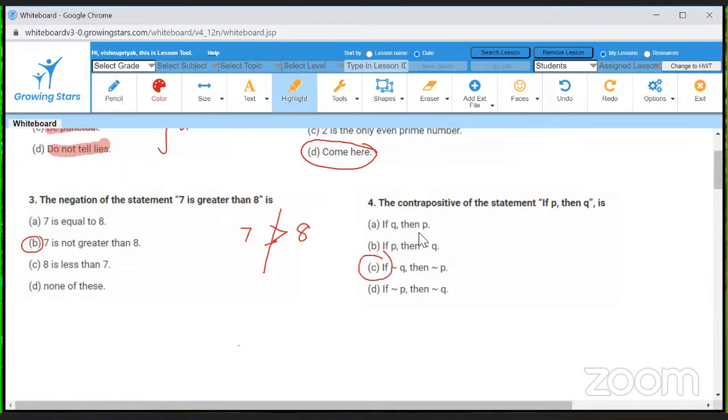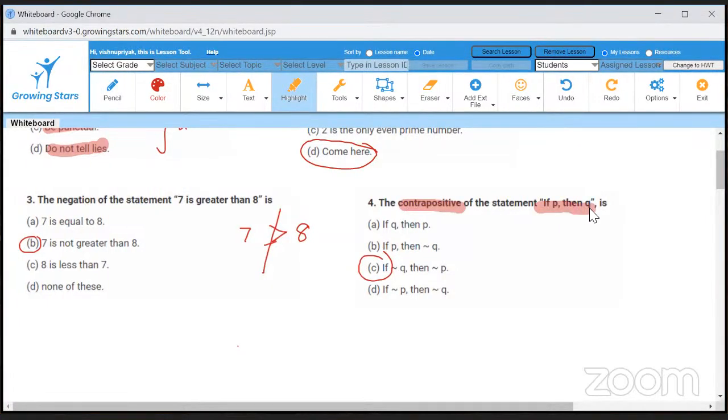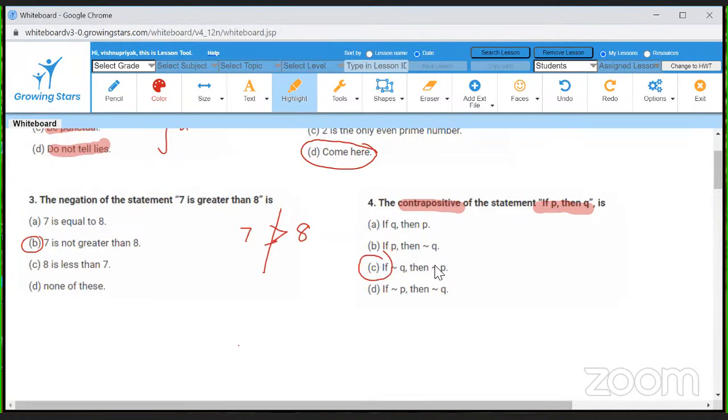In the explanation itself, I told you, the contrapositive of if P then Q is if not Q then not P. Yes, Kumar, C is the right answer.